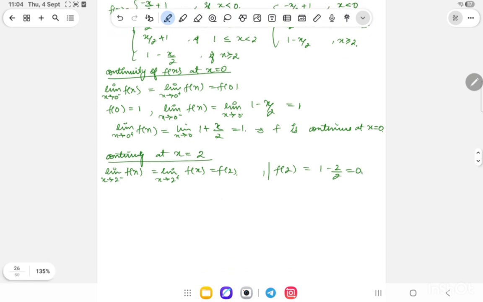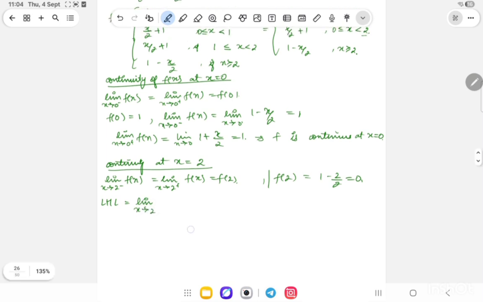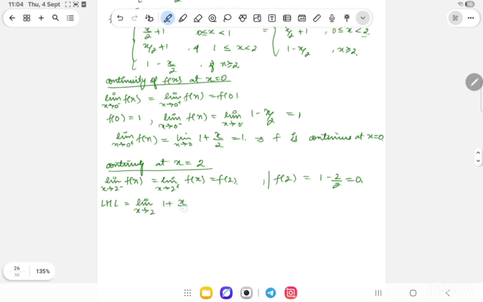Now let's find out what the left hand limit and right hand limit will be. My left hand limit will be 1 plus x by 2, that gives me 2, but my right hand limit is the limit of 1 minus x by 2, that gives me 0. So my left hand limit is not equal to the right hand limit.